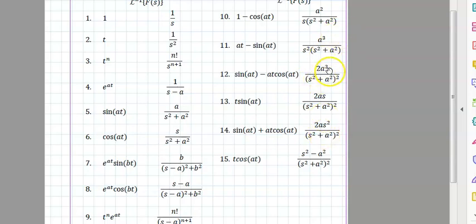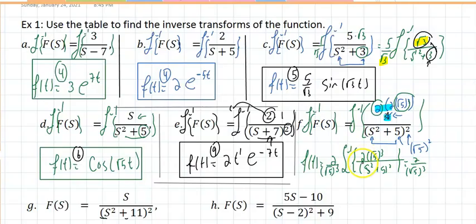Actually, that was 12. 2a cubed, yep, that was 12.